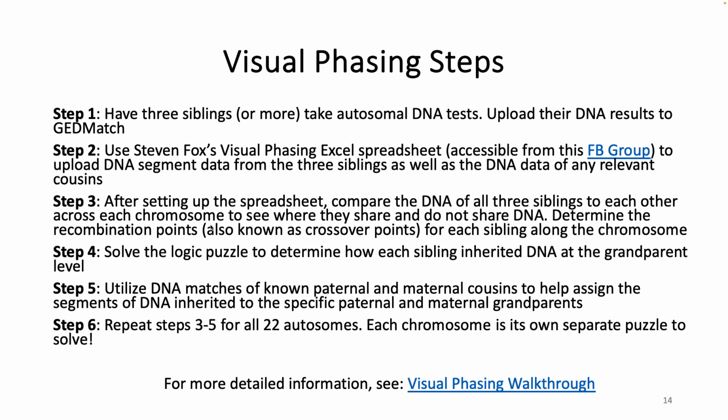Step number two is to use Stephen Fox's visual phasing Excel spreadsheet. This is a very handy spreadsheet that is accessible from a visual phasing Facebook group. I have a link here that I will include to the Facebook group so you can join, and then you can download the latest version of the visual phasing Excel spreadsheet.